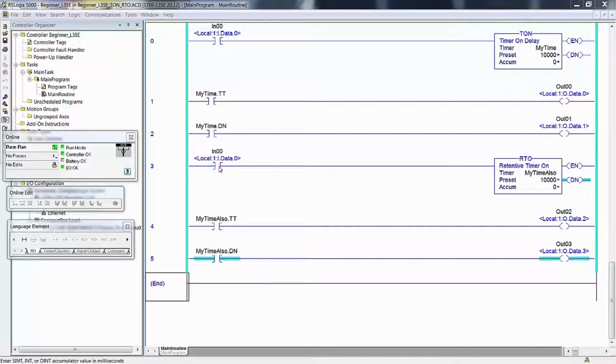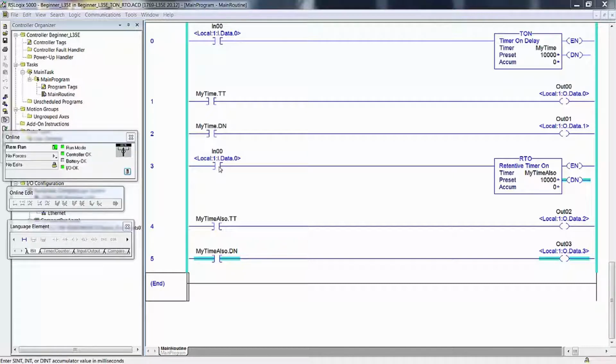Did the done bit set to 1 when the accumulation of both instances of the timer data type equaled the preset? Do you see any hint of a difference in behavior between the result of a TON addressing a timer data type and an RTO addressing a timer data type from the instant you enable them until their accumulates equal their presets and the done bits set to 1?